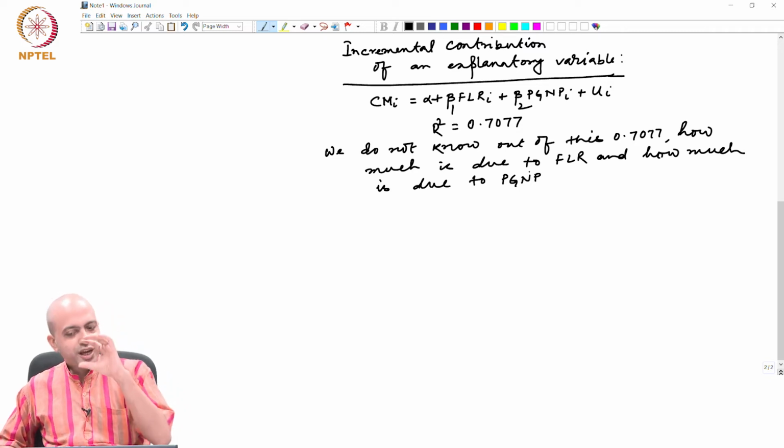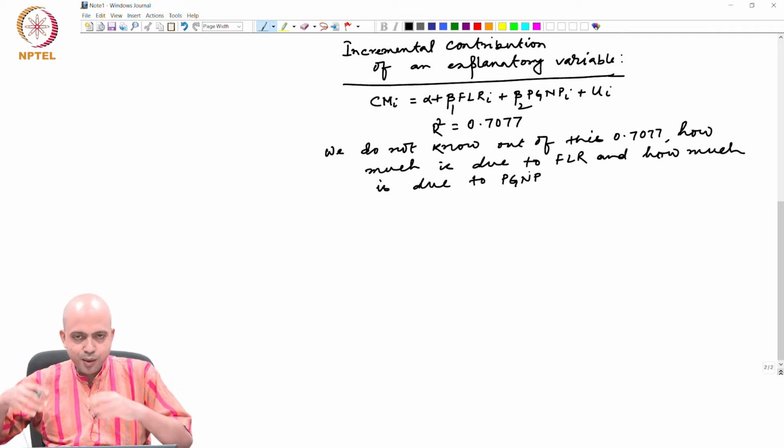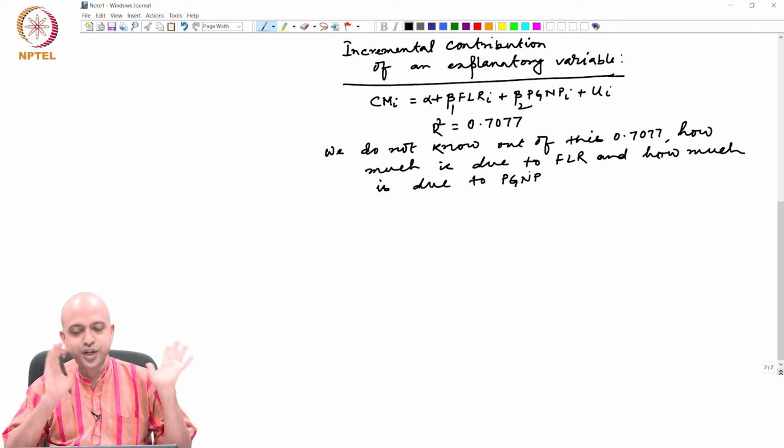So, that means we cannot allocate R square among different explanatory variables. That is what we learned.